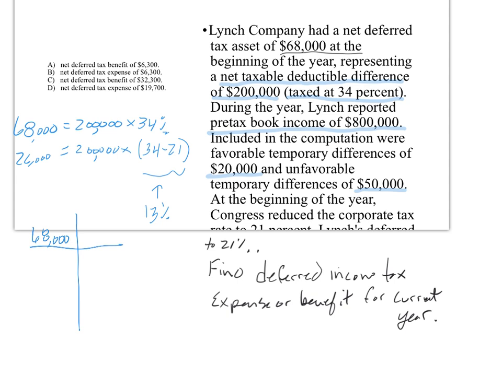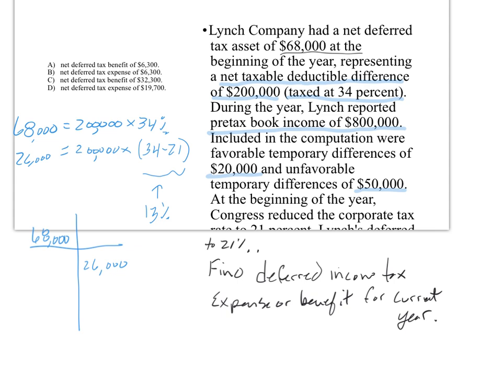Now, this $26,000 reduces our deferred tax asset. So that is an adjustment to our deferred tax asset, and it adjusts it downward.